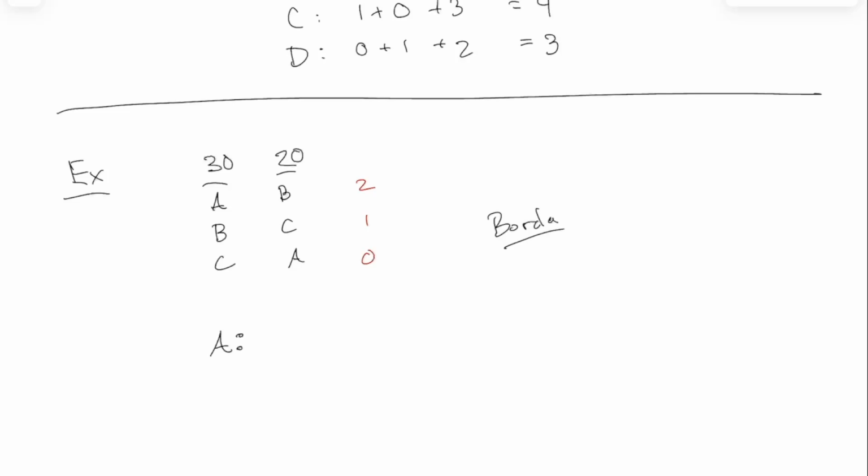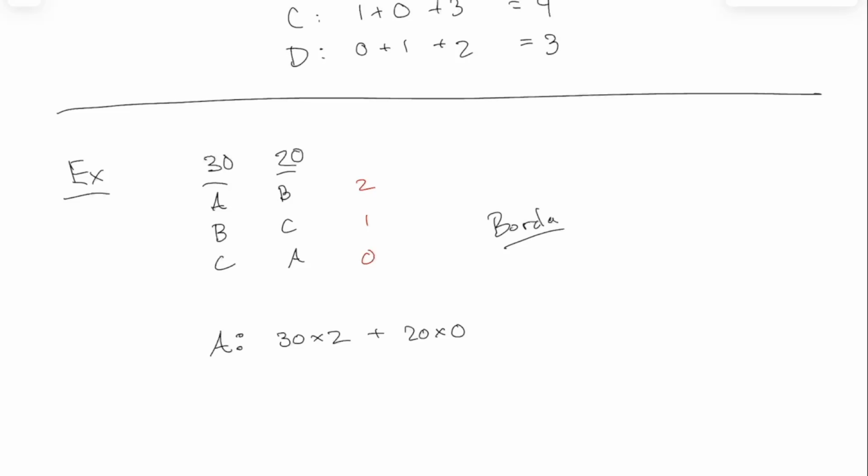I'm going to try and write this out in the most detail that I can. 30 times 2 from the first column, because they're getting 2 points on each of those votes, but there are 30 of them, so you get 30 times 2. And from the second column, 20 votes giving 0 points, so that's 20 times 0. I hope you all remember your order of operations.